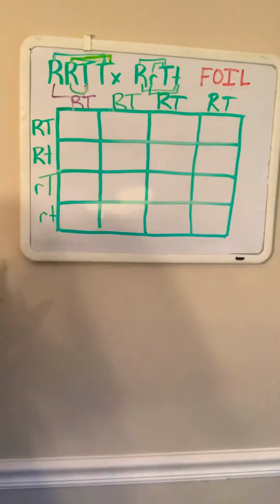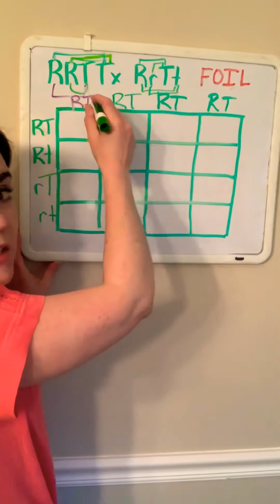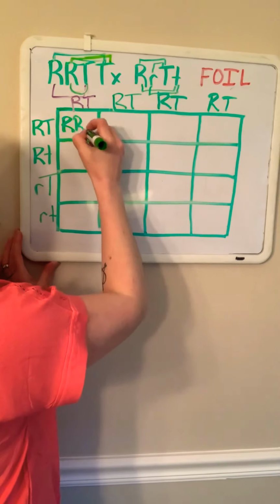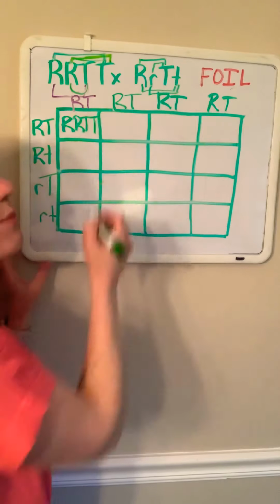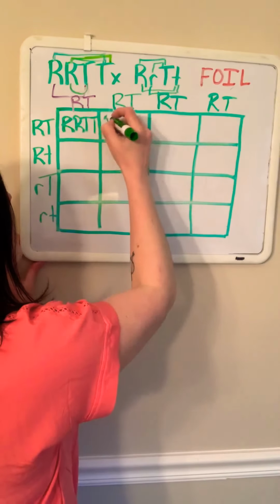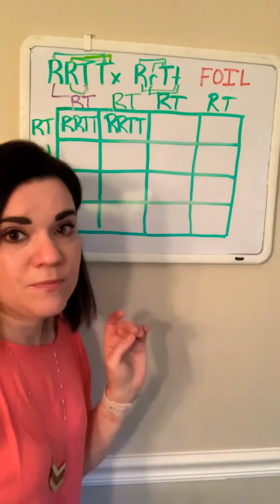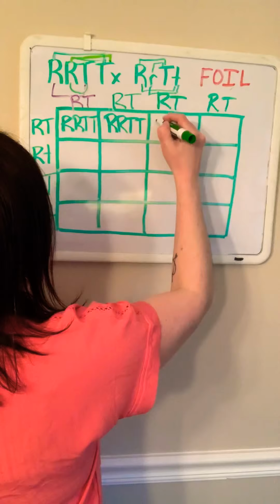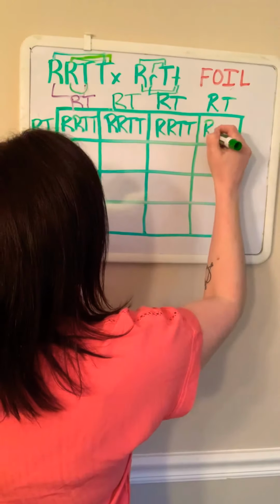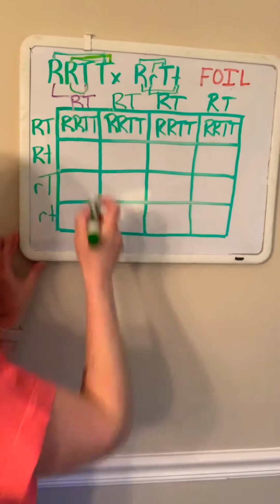Okay, so when we're looking at this first square, you bring these two alleles down and over. So it'd be capital R, capital R, capital T, capital T. Same with this one, it's down and over, capital R, big T, this one, capital R, big T, and you can see we have a little bit of a pattern with this Punnett square.